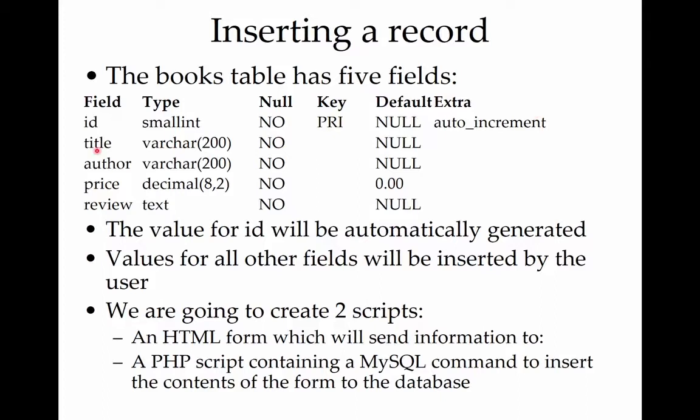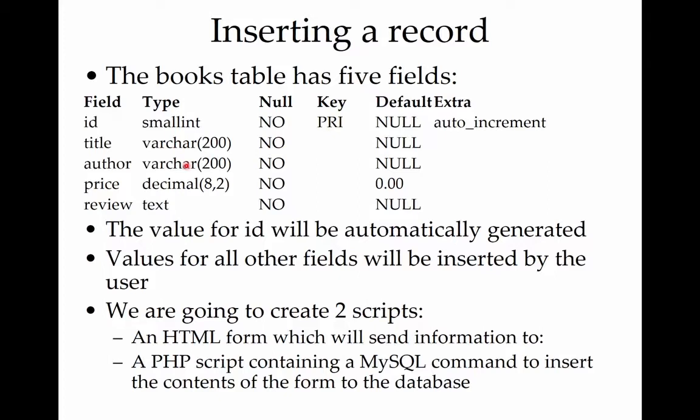Okay, we've got a title. In this case this can be up to 200 characters long. We've got the name of an author that can be up to 200 characters long. We have a price, and I remember last time in the workshop some students entered a full stop instead of a comma here. When we create a decimal type, we need to use the comma here. So what we are basically saying is the price has 2 digits after the decimal point and 8 digits before the decimal point.